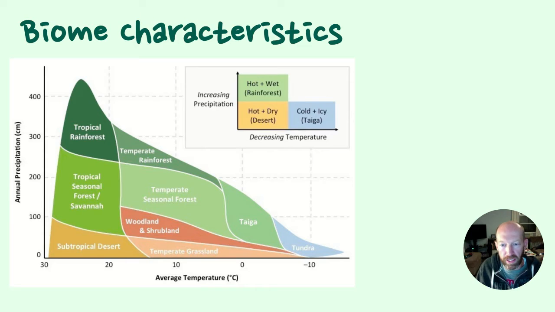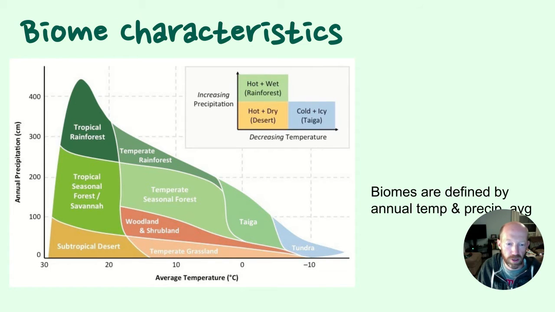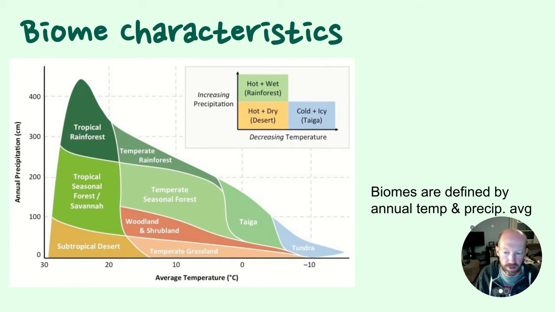So if we look at this chart, and this is in your textbook, I believe, flipped around actually, you can see temperature and precipitation charted against one another, and it shows you where certain biomes fall in that chart. Again, we're defining it by an average temperature and precipitation over time.